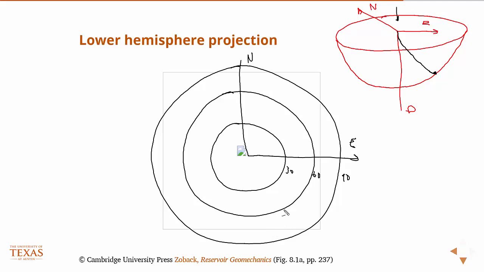We can then plot, in this case, let's say the angle of this is 60 degrees, and it's projected under the east direction, then this point would be right here on the lower hemispherical projection plot, okay?